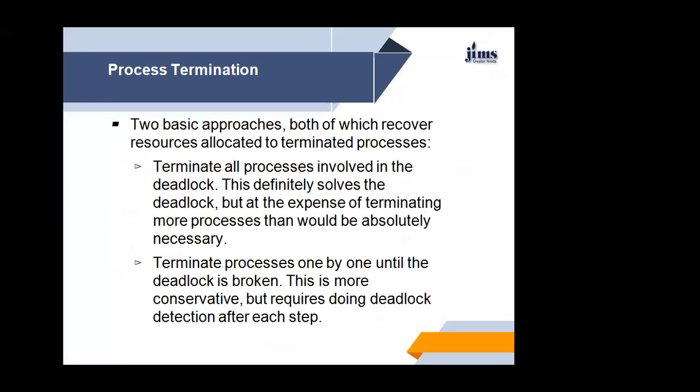Terminate all processes involved in the deadlock. This definitely solves the deadlock, but at the expense of terminating more processes than would be absolutely necessary. Terminate processes one by one until the deadlock is broken. This is more conservative but requires doing deadlock detection after each step.